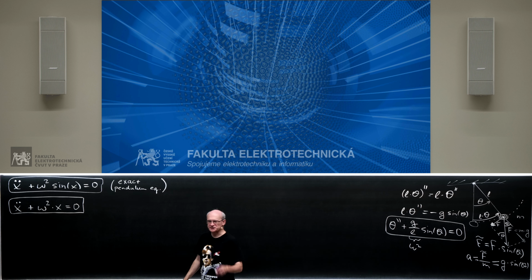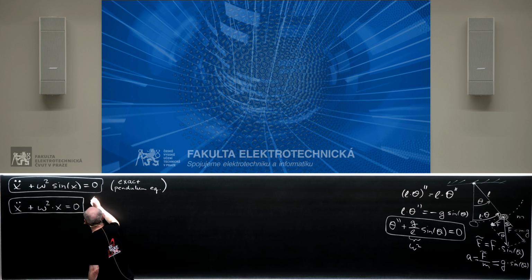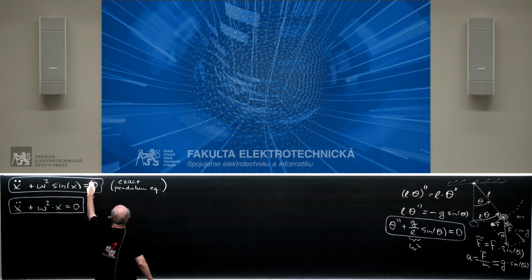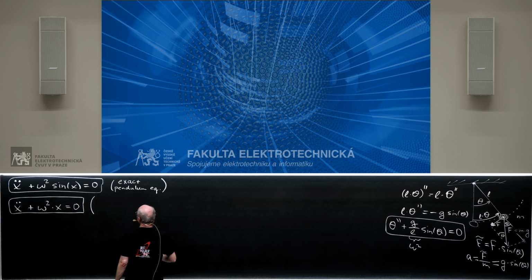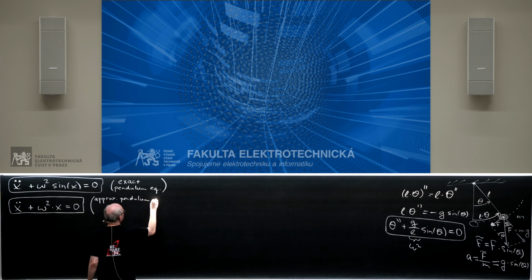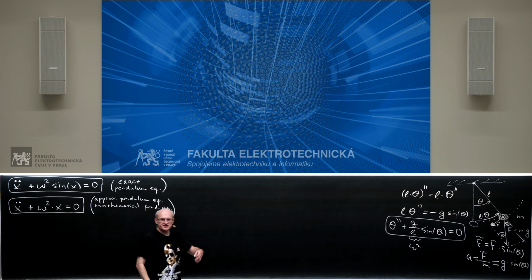And let me put some labels next to this differential equation. This one is actually very popular, very useful. So it has special names. Let me start with this one. Instead of exact pendulum equation, I would call it approximate pendulum equation. I could also call it mathematical pendulum equation, because this simplified version is sometimes called a mathematical pendulum.